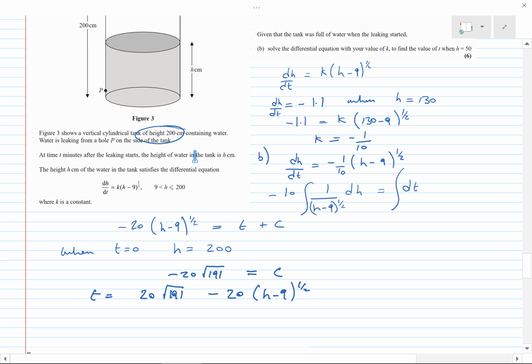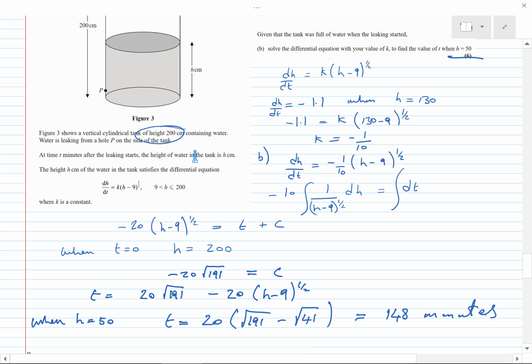So we want to find out when h equals 50. We can put 50 in for h, so we have t is equal to 20 brackets square root of 191, take away the square root of 41, because h is 50, and that comes to 148 minutes to 3 significant figures.